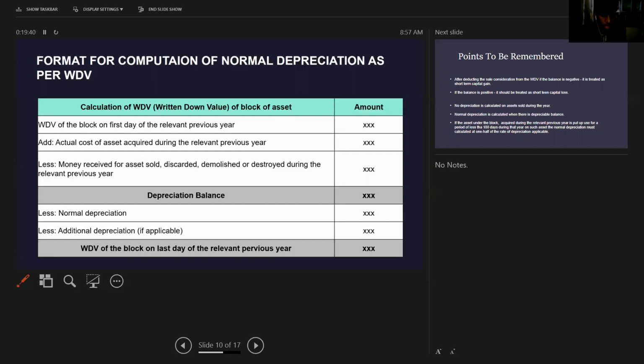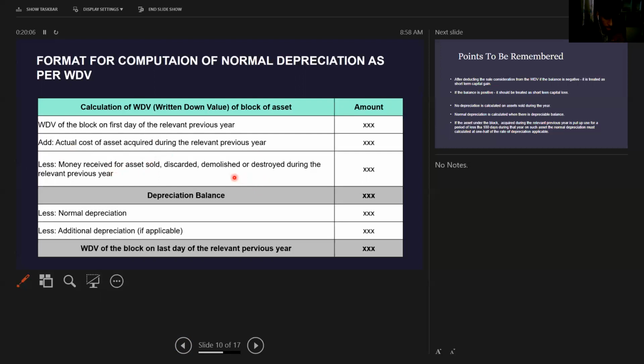Next, the actual cost of the asset acquired during the relevant previous year. So we have to add the actual cost of the asset acquired with the written down value of the asset. Next, less money received for asset sold, discarded, demolished, or destroyed during the relevant previous year.